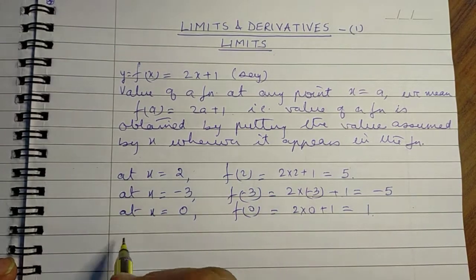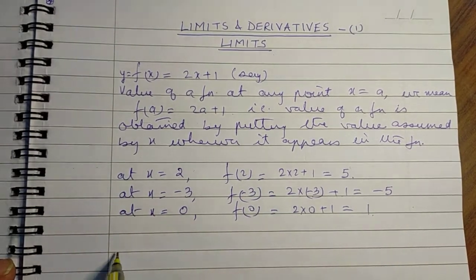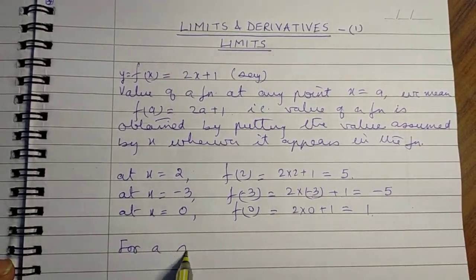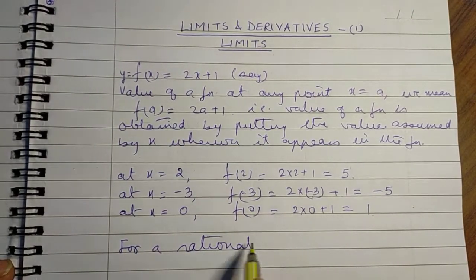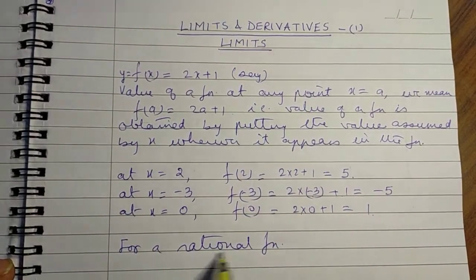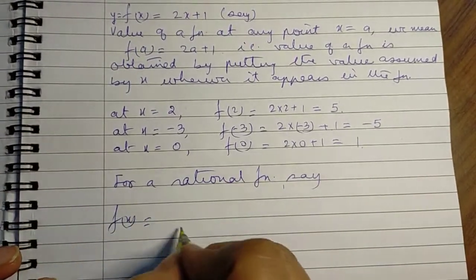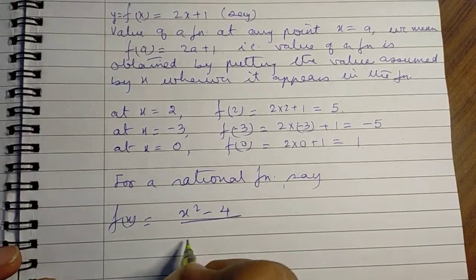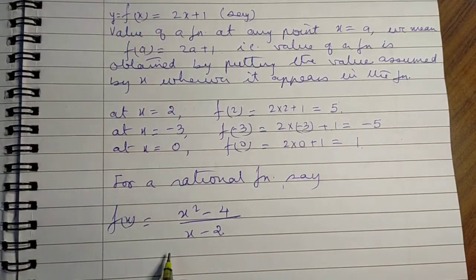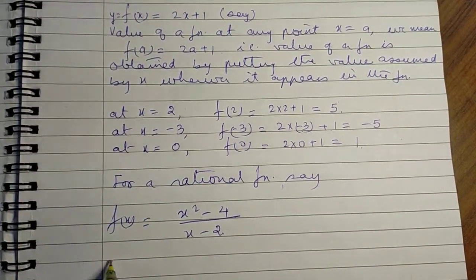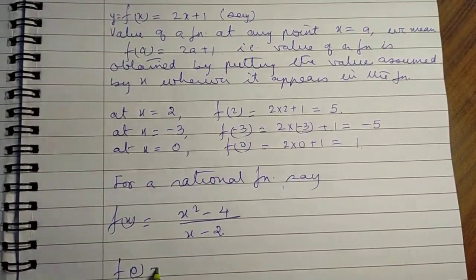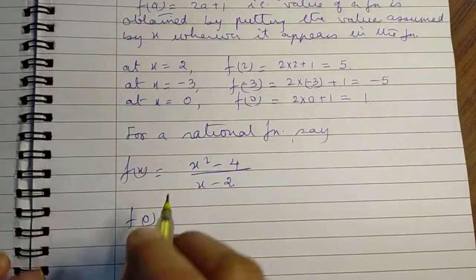Now suppose we take a rational function, let's say f(x) equal to (x squared minus 4) over (x minus 2). Suppose we want to find the value of this at 0. We simply substitute.